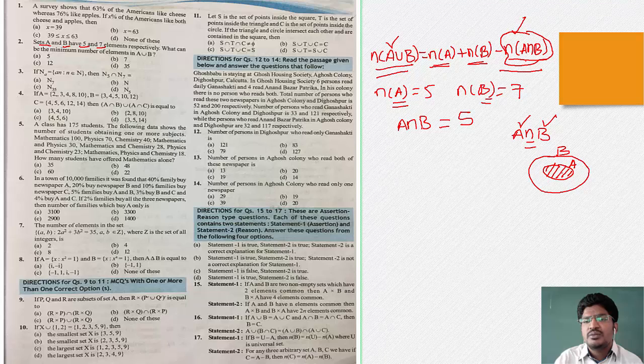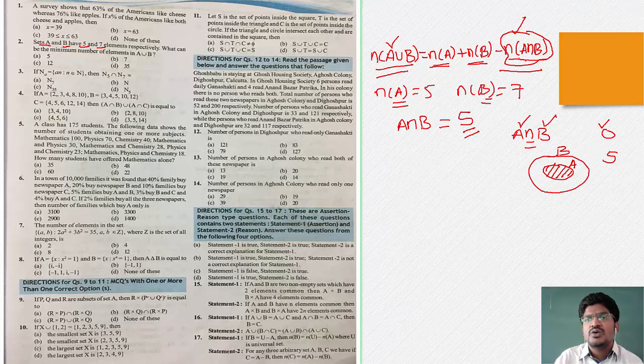So this will be the Venn diagram. So 5 will be the maximum number of elements common between A and B. The minimum is 0 elements common. 0 is the minimum for the intersection, 5 is the maximum. Think about this once again before answering this question. Clear? So this is maximum.